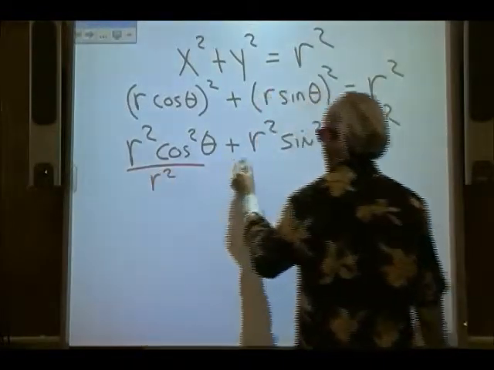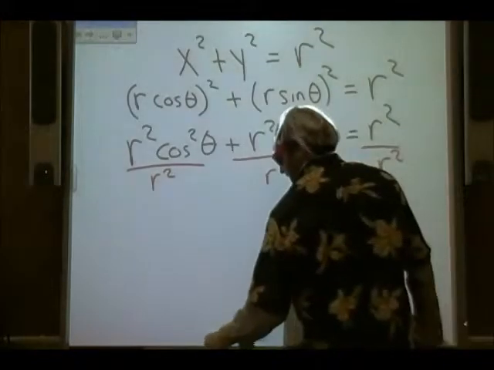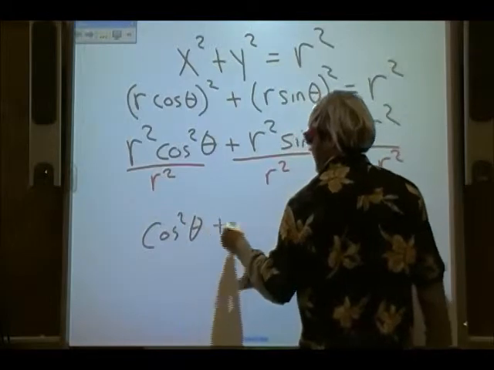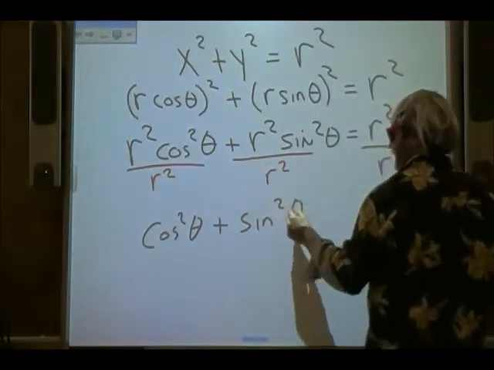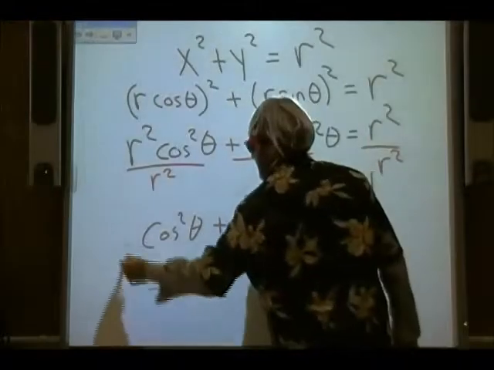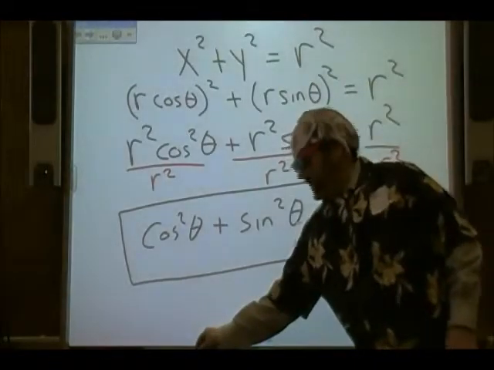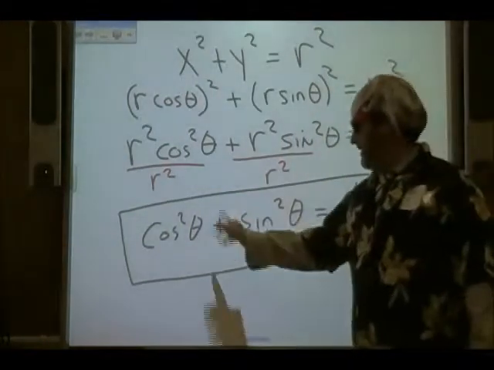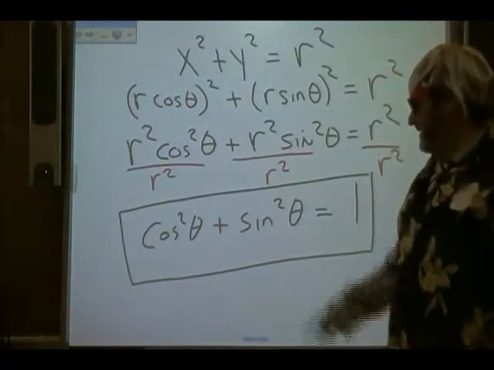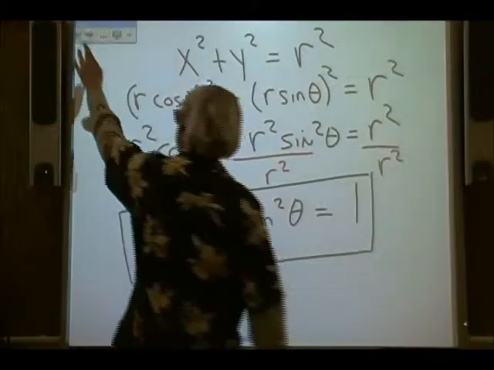And what happens? I'm left with cosine squared theta plus sine squared theta equals 1. That is one of the Pythagorean identities. Very important. They put the sine squared usually in front, but it doesn't matter because addition is commutative. That is one of the Pythagorean identities.